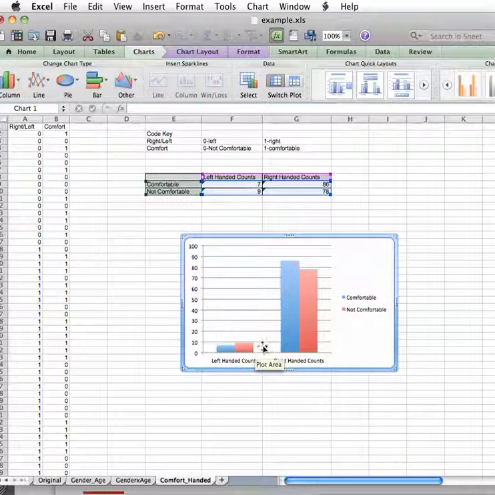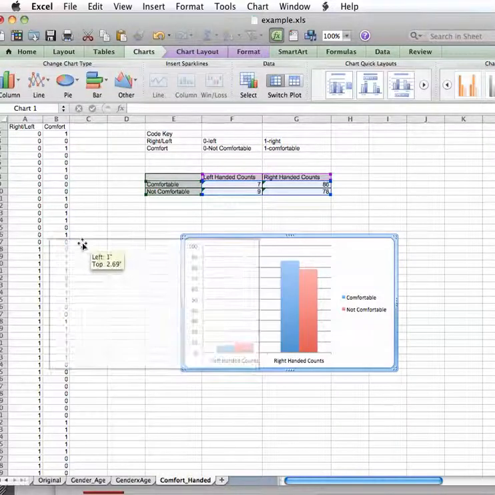Now, if I wanted to make them left-handed compared to right-handed, then I could do the left-handed compared to the right-handed by putting those left and right-handed counts in the columns or in the rows, and the columns be the comfort level.